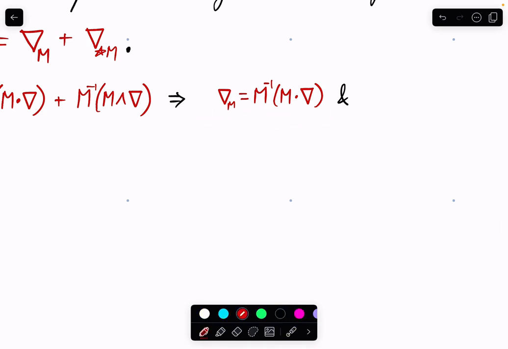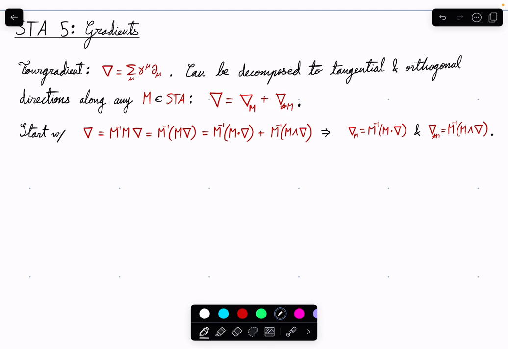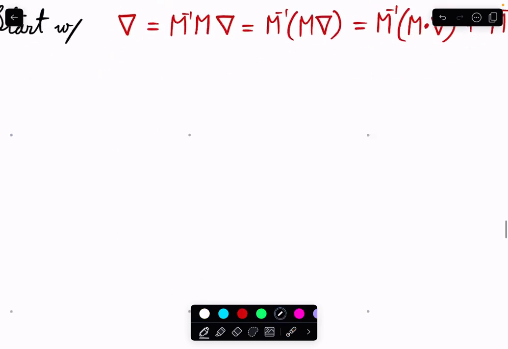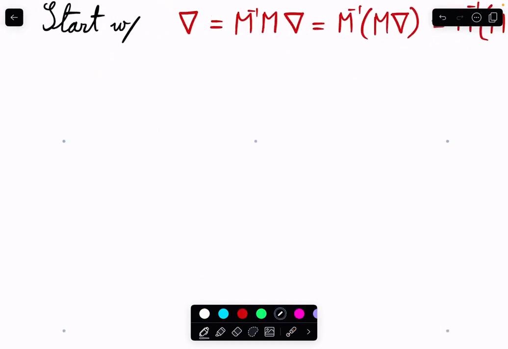And you have a similar one, which looks like the rejection formula, right here. So that's the form of this, and this gives the relative decomposition of the gradient.